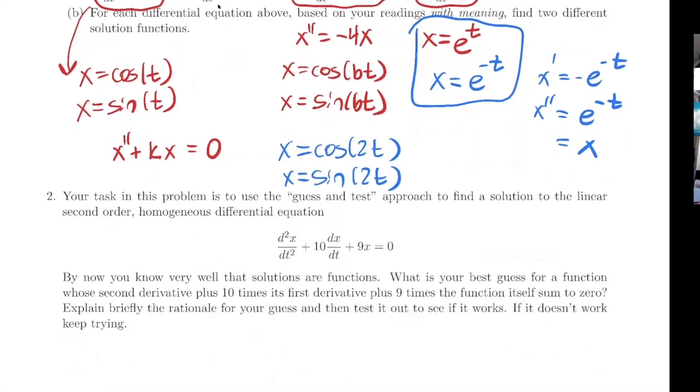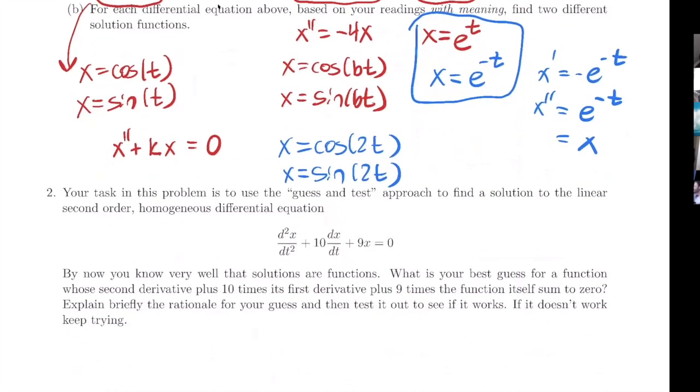Okay, so now let's consider what happens when we have a differential equation like this. So now we're throwing in the first derivative as well as the second derivative. And so we'll be working with differential equations that look like this for this week.